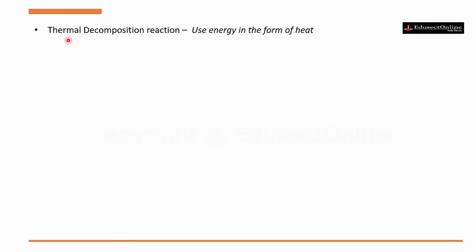Let's see, what is a thermal decomposition reaction? In this reaction, the decomposition occurs by using energy in the form of heat. For example, this is calcium carbonate. By the absorption of heat, it decomposes into calcium oxide and carbon dioxide.